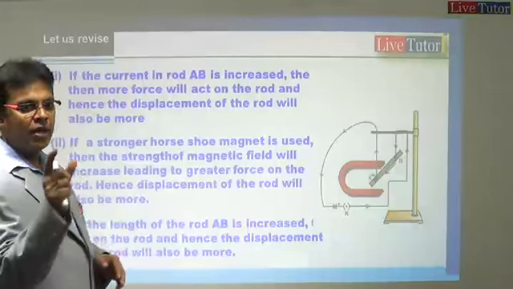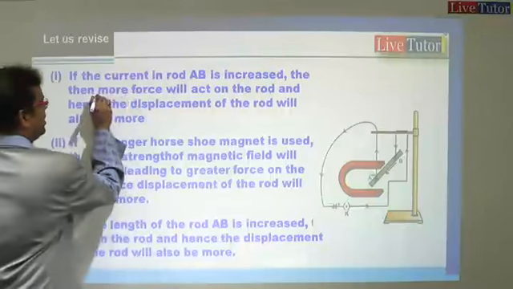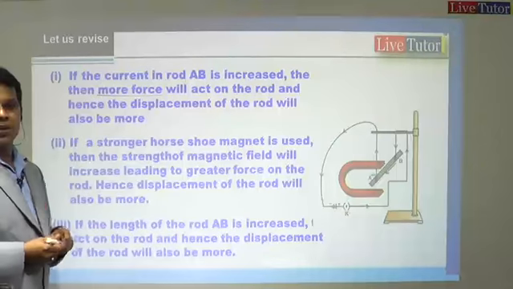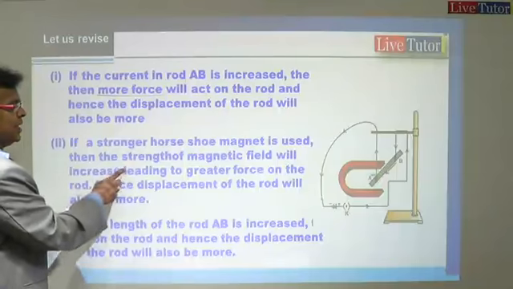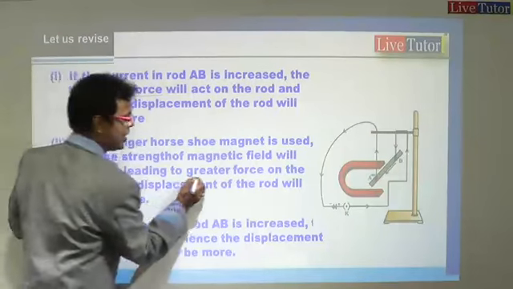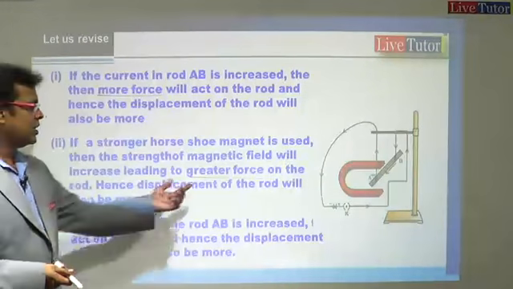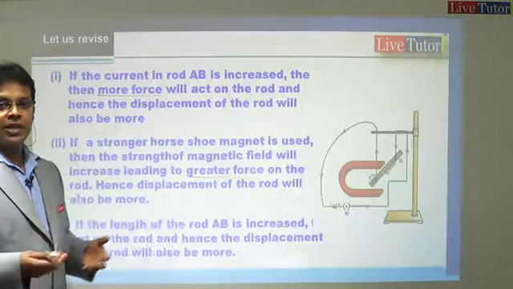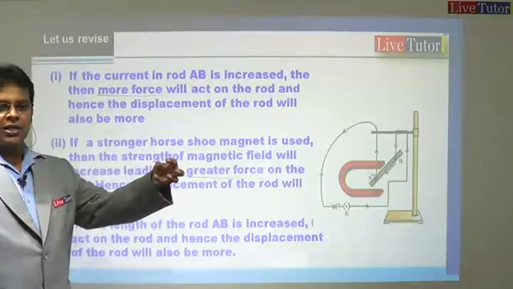Okay. So the first point you have to remember is that more force will be acting on the rod when the current is increased. Second one, what will happen? It is leading to a greater force because the magnetic field strength is more. Exactly, because more electrons will be flowing inside the rod, isn't it?